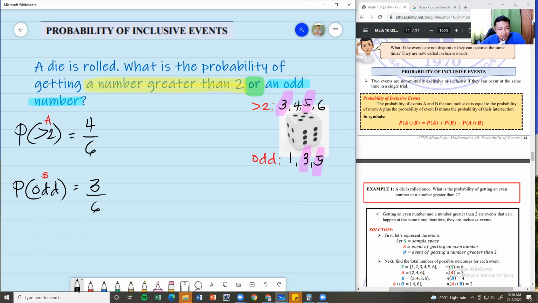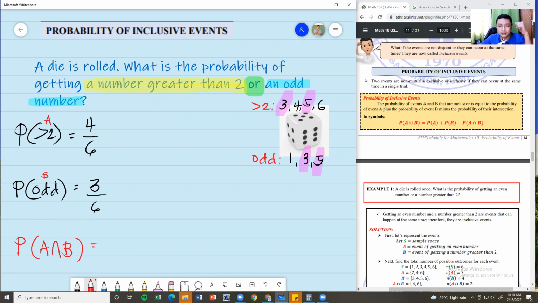Now, let's identify the probability. I'll make it red para maiba kasi ito yung ima-minus natin kasi common siya sa dalawa. If we will not subtract them, the values will be duplicated kasi dalawang beses magagamit si 3 and 5 for the first event and 3 and 5 for the second event. So we need to subtract the intersection. Okay? So that is the intersection of A and B. Kasi inclusive merong pareho sa kanila.